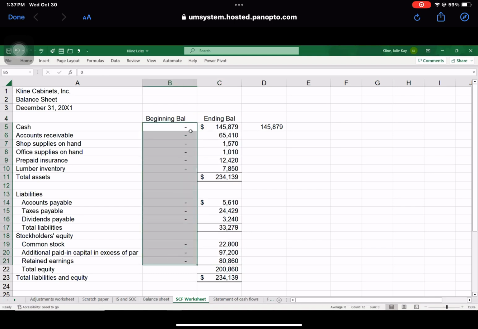So next year, you are going to have activity here in the beginning balance, and it will be equal to the ending balance. And each account will have changes up or down depending on what happened that year. But our whole point of the cash flow statement, our goal is to prove this change in cash. How did we go from 0 to the ending balance?